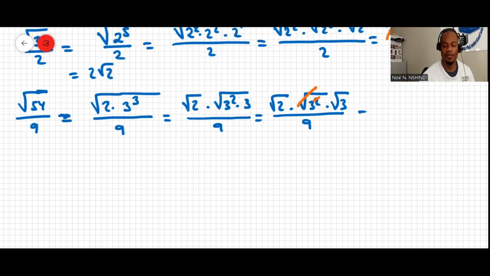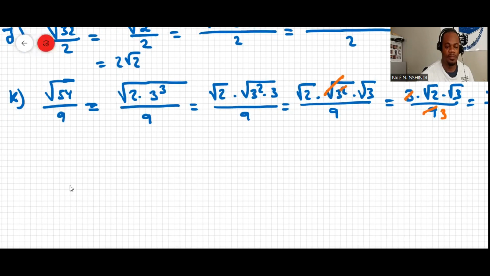And then we are left with 3 multiplied by square root of 2 times square root of 3 over 9. Now here we can simplify 3 and 9, it's going to be 3 there. And root 2 times root 3 equals root 6. So that makes root 6 all over 3. Next, K, L.